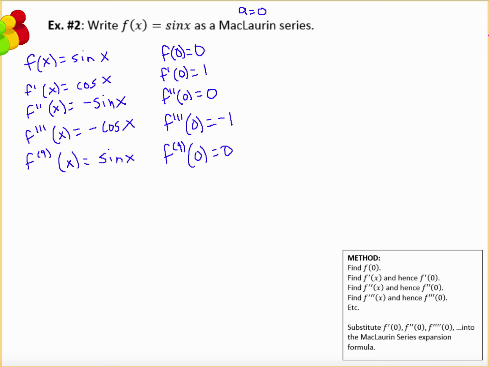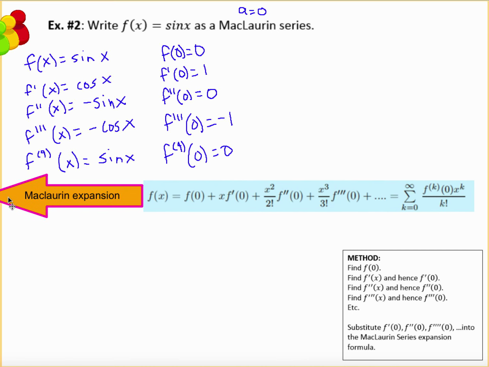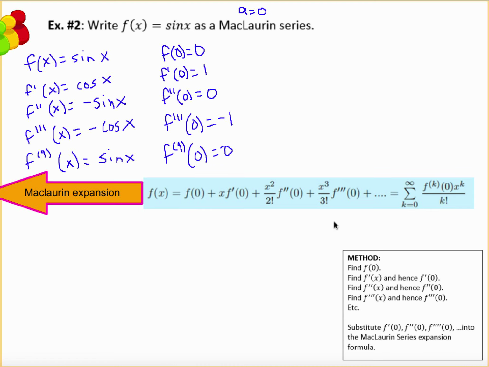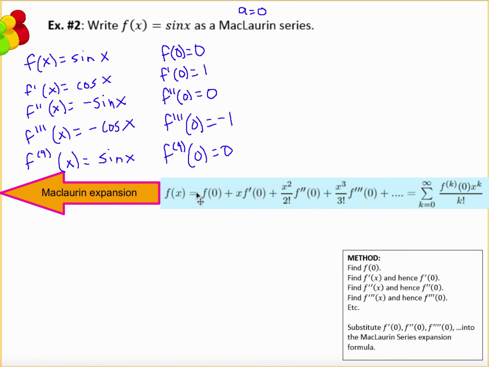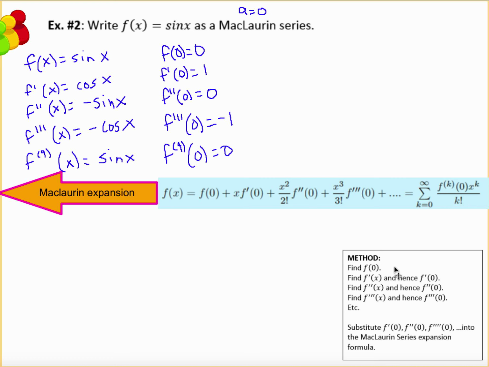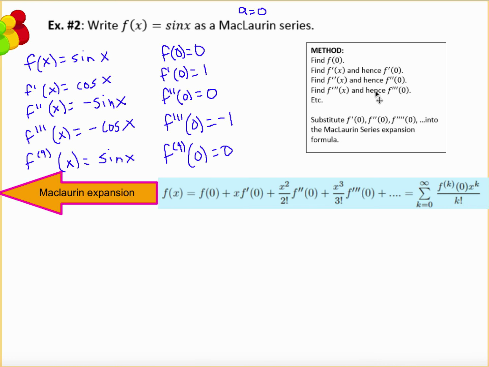Now, since this is a Maclaurin series, I'll use the formula for Maclaurin expansion. Here we go. And I'm just using our method that we had talked about. So substitute, here we go. And this is asking us to write it as a series.